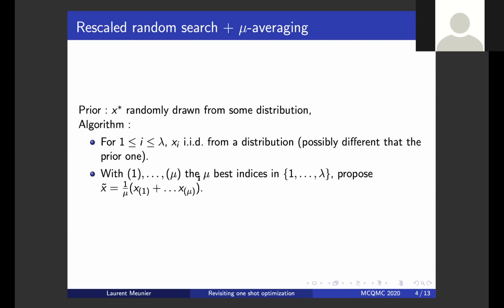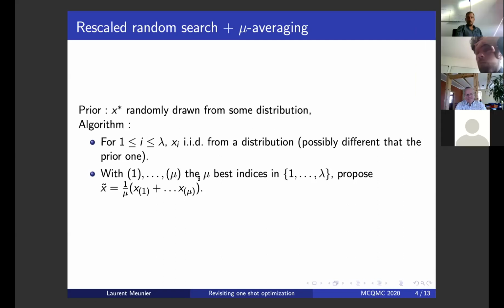The second strategy we will study is, given the mu best indices, what is the error made using the estimation that consists in averaging the mu best points? We will see that it breaks the curse of dimensionality in this case.